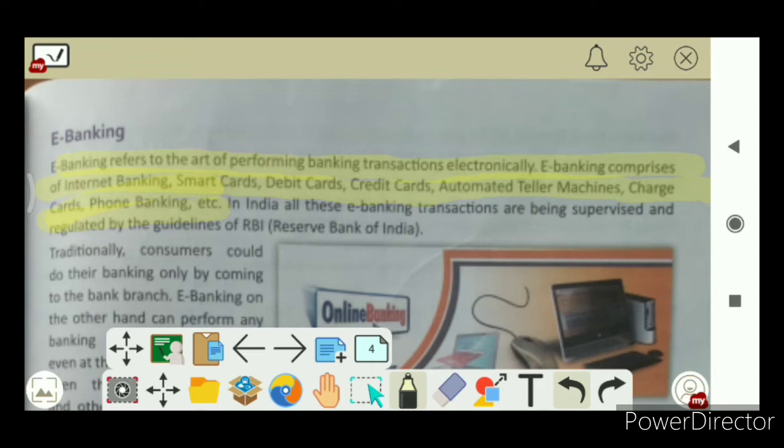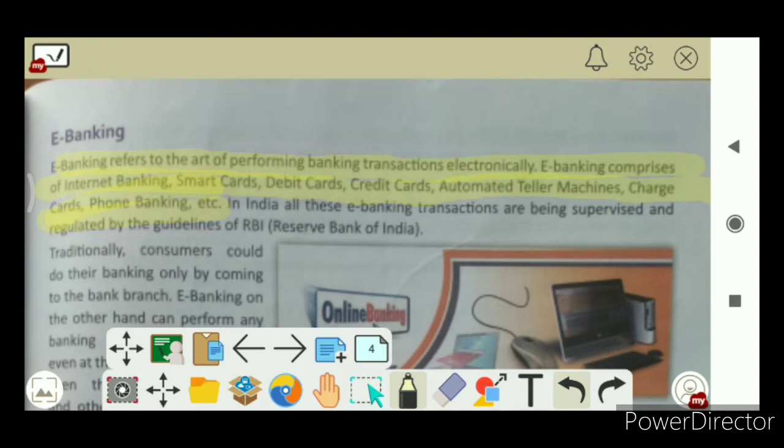Then your answer will be, e-banking comprises internet banking, smart card, debit card, credit card, automated teller machine, charge card, phone banking, etc. And the next question, who regulates e-banking in India? The answer will be Reserve Bank of India.